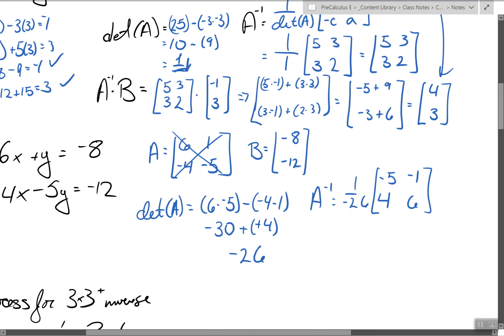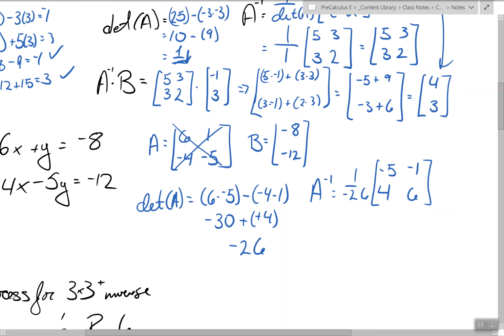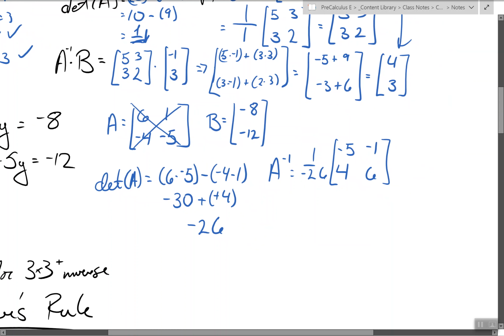Okay, so we get to this point and we're like, we got that fraction, 1 over -26, that's not pretty with all those numbers. Really don't want to put that in there. It's going to make things a little bit messy. That's totally fine. What we can do with our properties of matrices, this 1/26 can kind of just hang out on the outside.